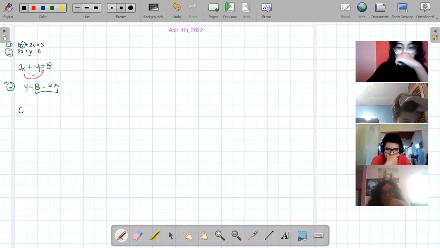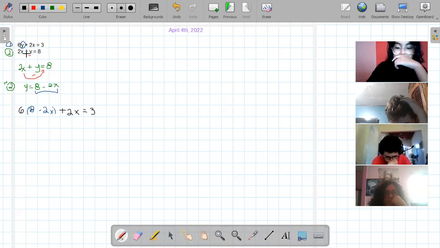So I have 6, and instead of y, I place 8 minus 2x in parentheses, plus 2x equals 3. So you see, in equation 2 I left the variable y completely alone, and then I replaced what it stands for into the variable y of my first equation.